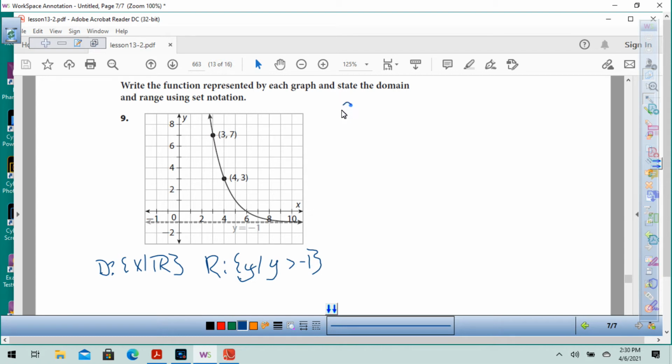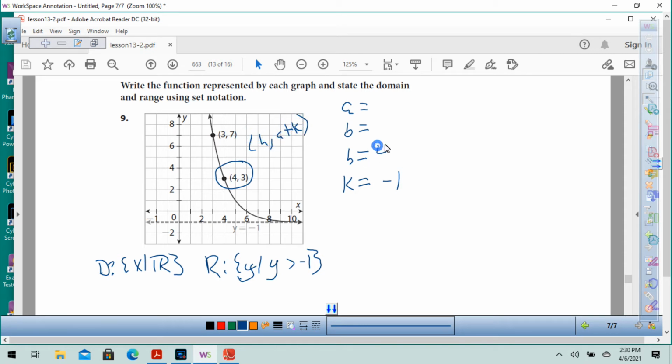Okay, we're going to need A, B, H, and K. Now, since our horizontal asymptote is y equals -1, that means K is -1. And if you look at this point here, 4, 3, that's supposed to be H and A plus K.